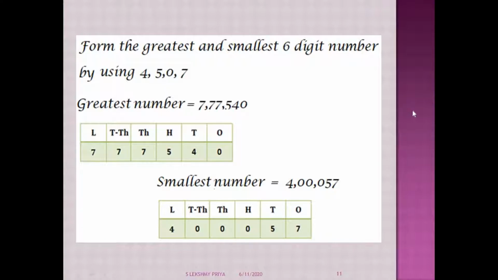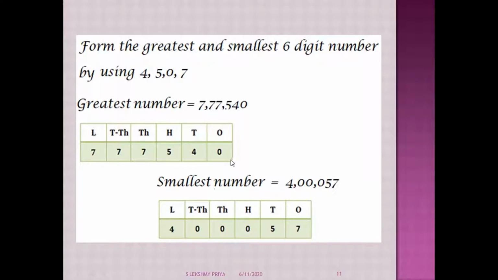Another one. Form the greatest and the smallest 6-digit number by using 4, 5, 0 and 7. Here 4 digits are given. We need to find the smallest and the greatest 6-digit number. As usual, to form the greatest number, we should start with the ones place.